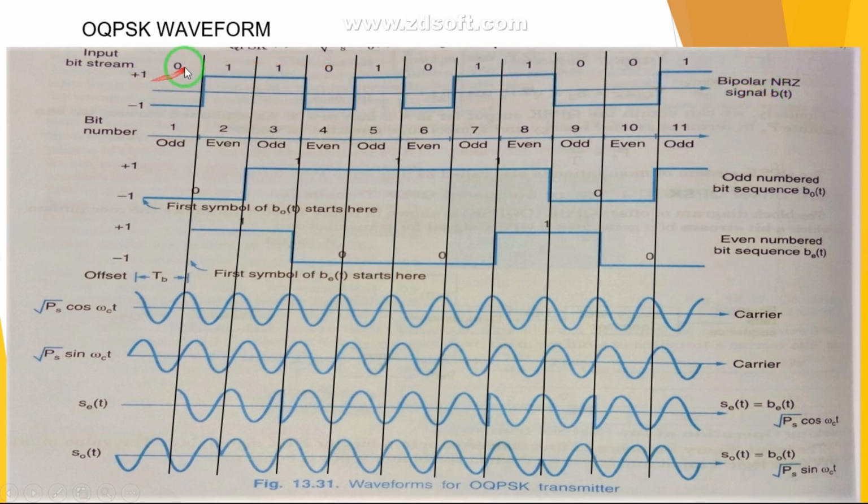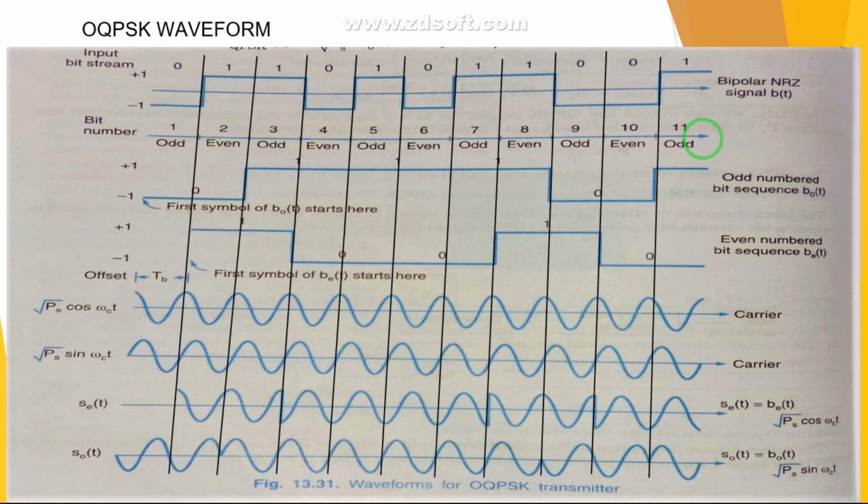It means 0 is represented by -1, whereas logic 1 is represented by +1. Now, as you know, 1, 3, 5, 7 are the odd bit streams, and this is the even-numbered bit stream, 2, 4, 6, and 8. So we have categorized these bit streams.